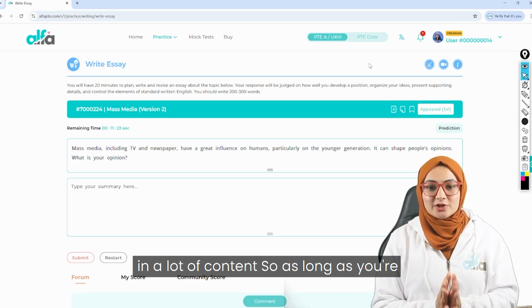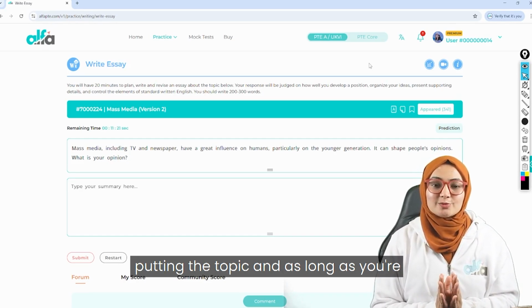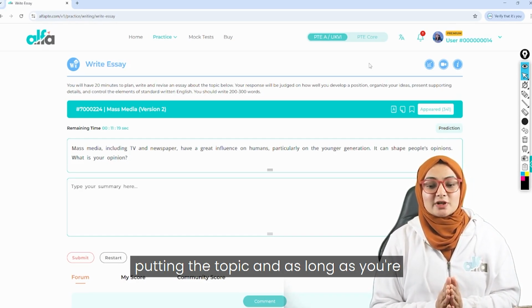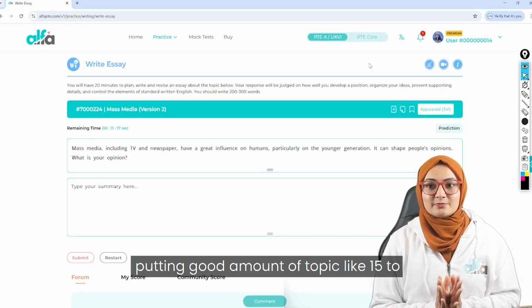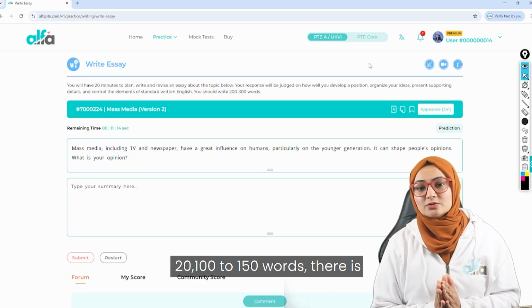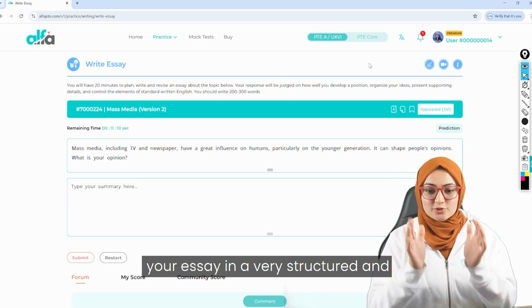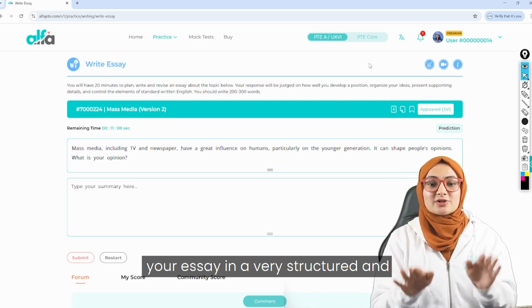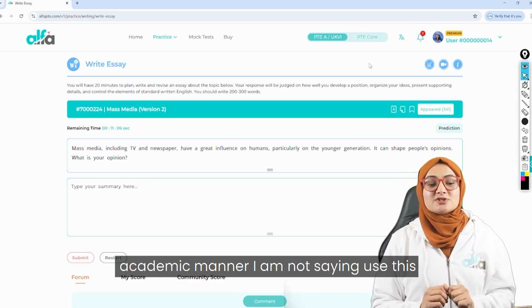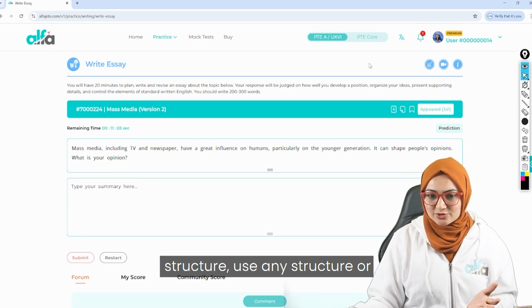You have to put in a lot of content. As long as you're putting a good amount of content, like 100 to 150 words per topic, there is no problem in using something to keep your essay in a very structured and academic manner. I'm not saying use this structure, use any structure.